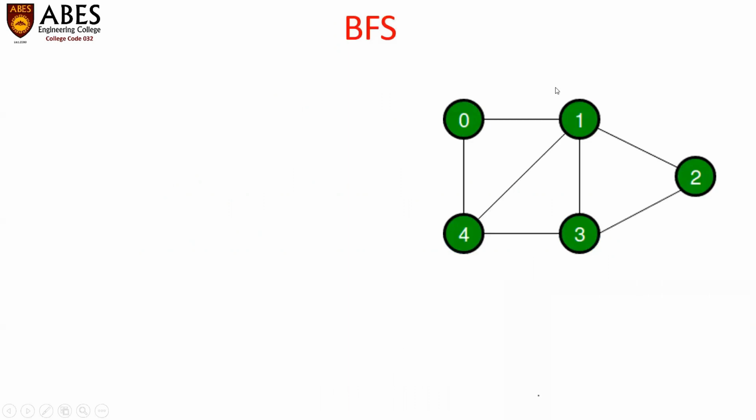So let's say this is a graph and we have to perform the breadth first search on this graph. For doing so, we need to have the adjacency list. So let us first draw the adjacency list and we'll solve this for finding out the BFS. So the simple representation here will be connection from 0, 1, 2, 3, and 4.